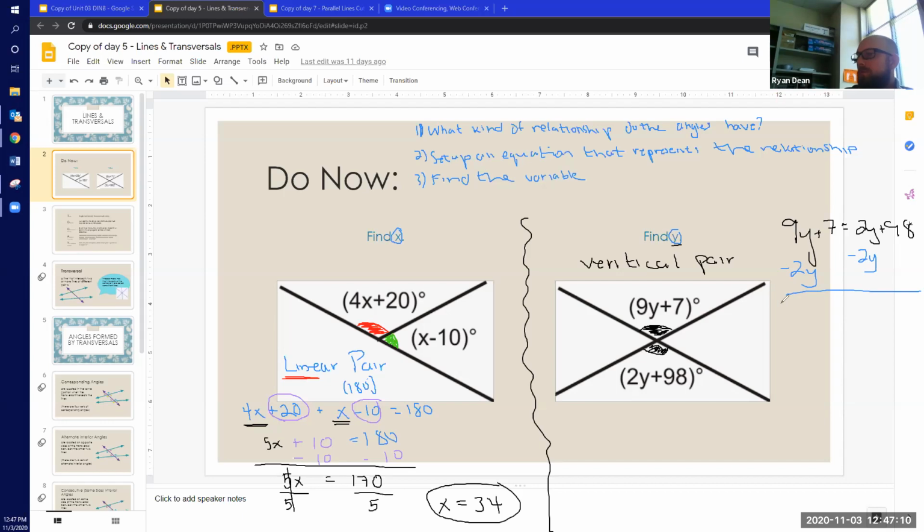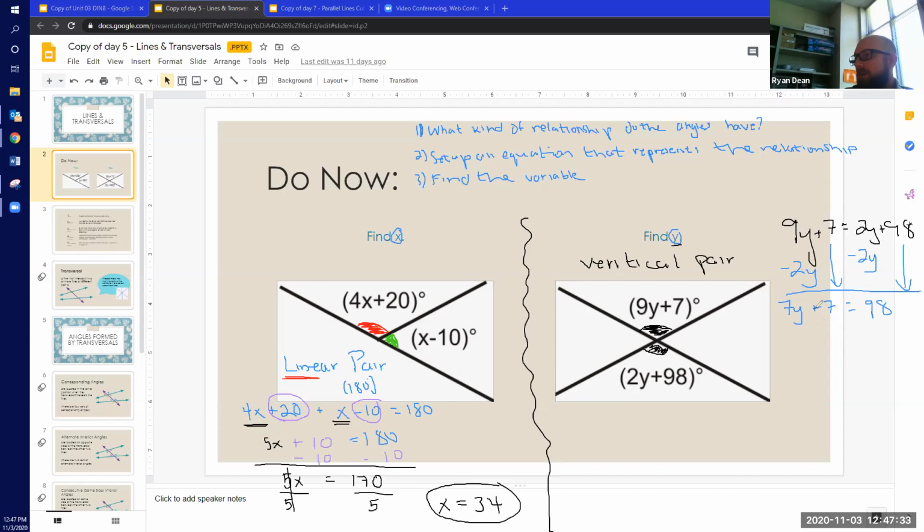9 minus 2 gives me 7. So I have 7y on the left. Still on the left, this guy comes straight down. So does the 98. 7y plus 7 equals 98. Okay, now I'm done with the y's.